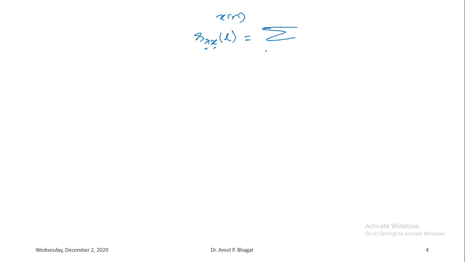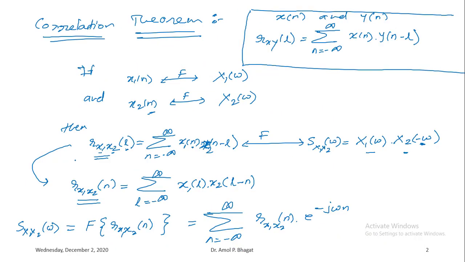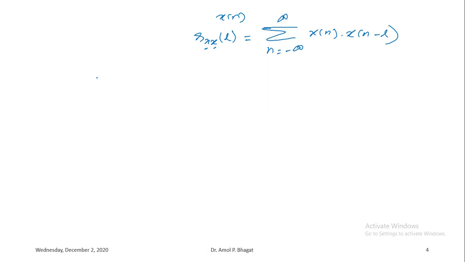So the formula for it is summation n equals minus infinity to infinity x of n into x of n minus L. Okay, so as we represented this cross correlation r x1 x2 of L in the Fourier domain as S x1 x2 of omega, if I represent this autocorrelation, that is r x of L, in the Fourier domain, it will be S x of omega.